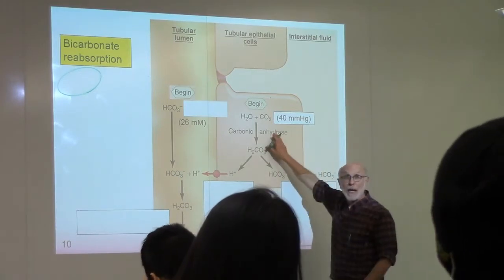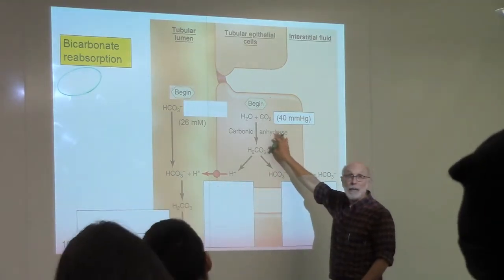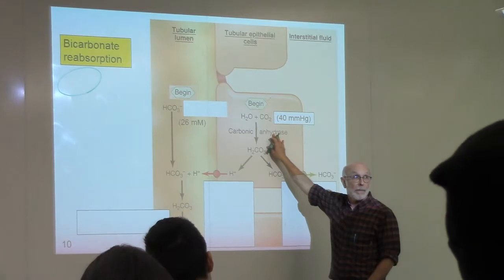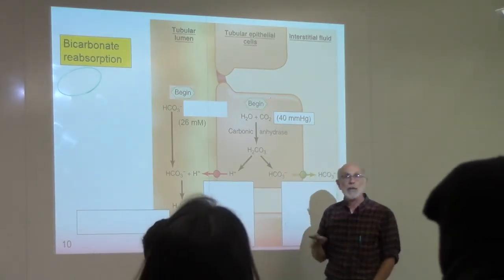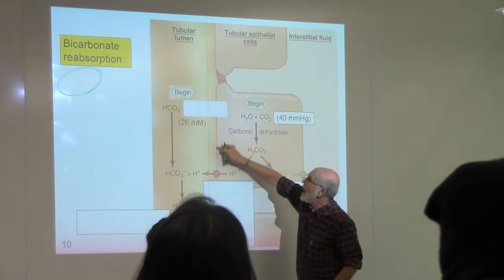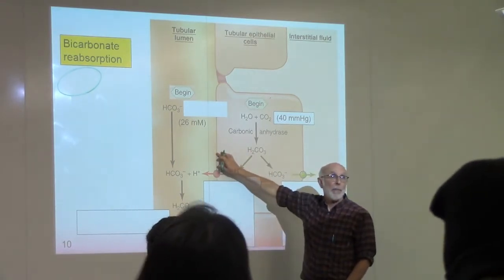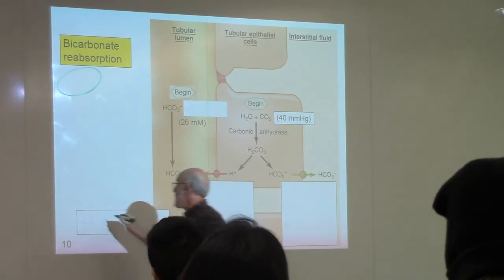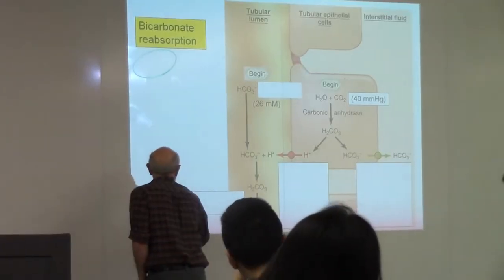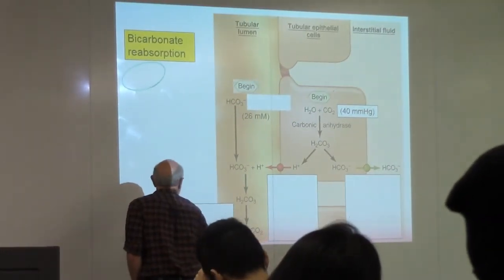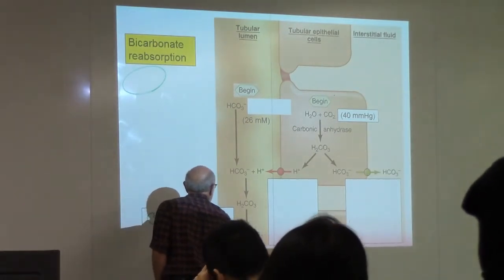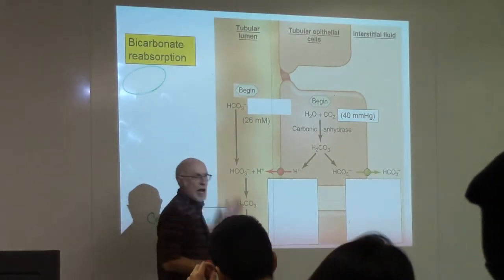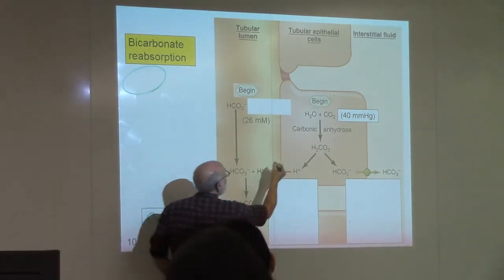So there is carbonic anhydrase in the cytoplasm, and there is a version of carbonic anhydrase that is actually anchored to the apical membrane. So this carbonic anhydrase is not soluble. You're not going to urinate it away. It's embedded in this membrane.